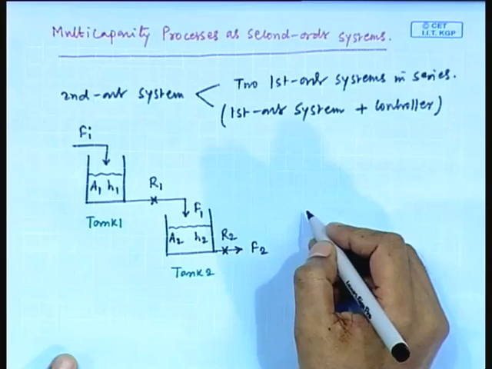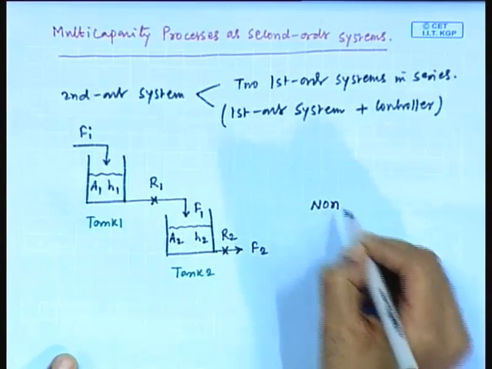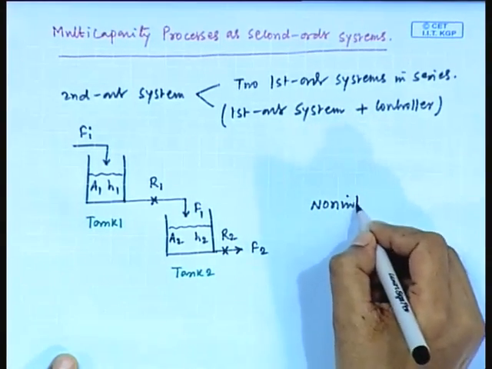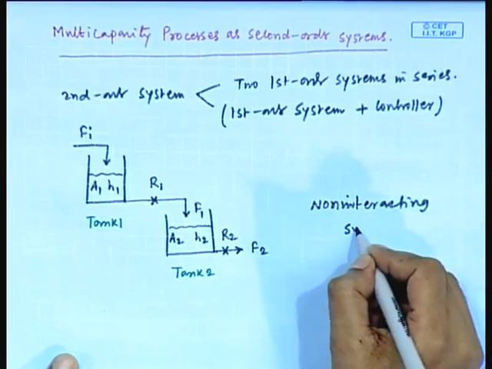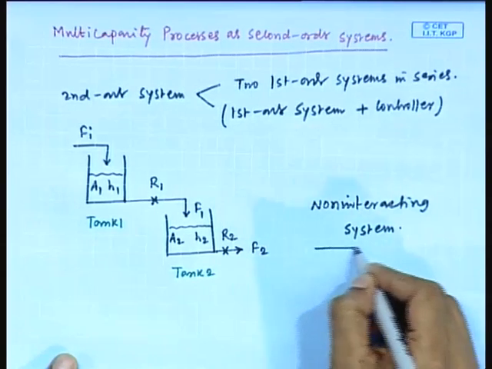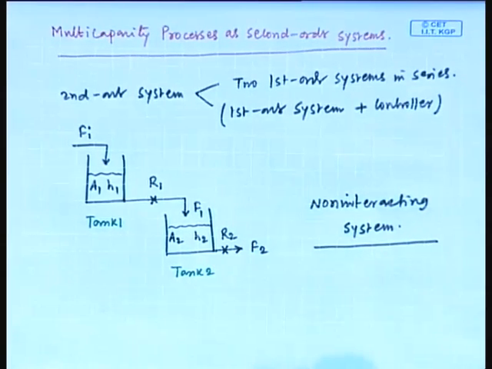Tank 1 affects tank 2, but tank 2 does not affect tank 1, and we will use the term non-interacting system for this type of systems. Fine. If the two liquid tanks are connected in series in this way, we will use the term non-interacting tanks.